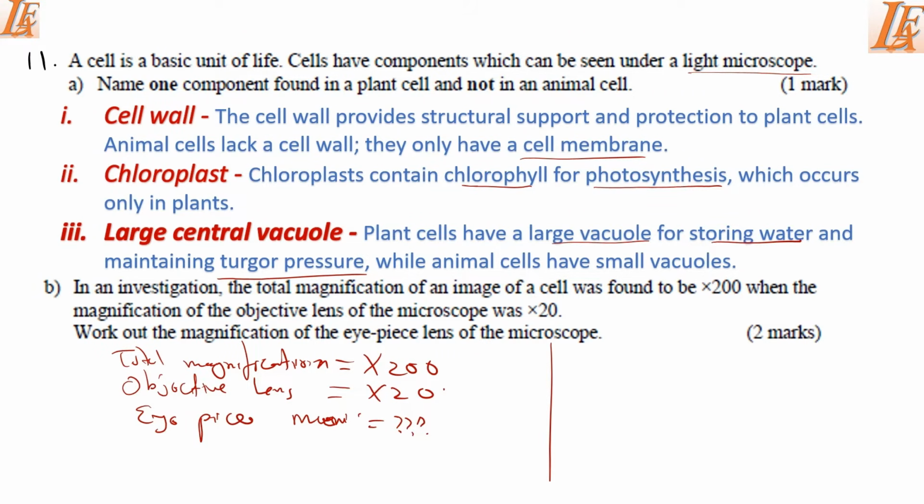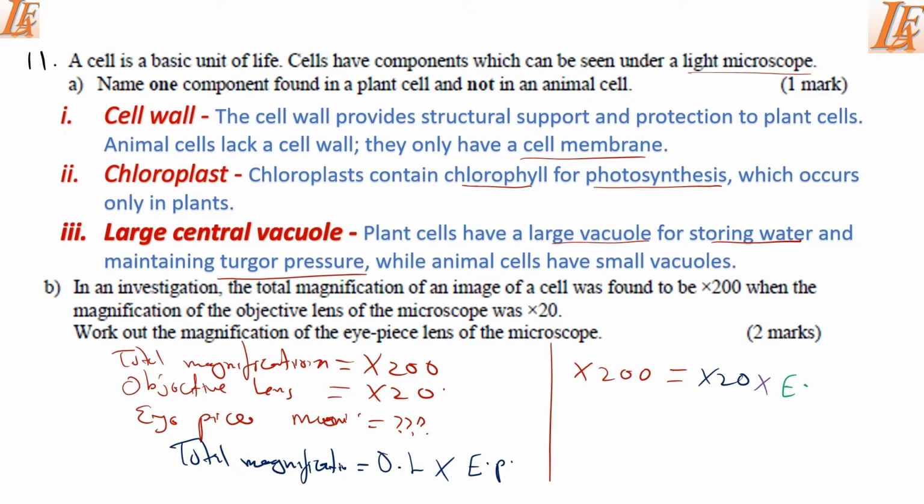Now what you need here is a formula. Total magnification is equal to objective lens magnification times the eyepiece lens magnification. So we have total magnification times 200 is equal to objective lens magnification times 20, then times the eyepiece lens magnification, which we don't have.